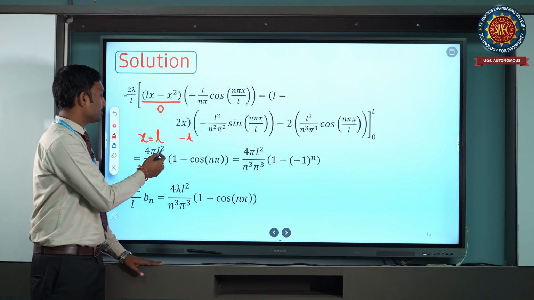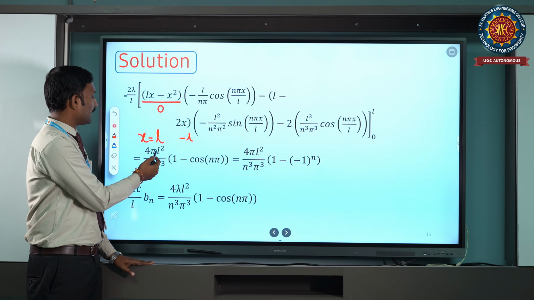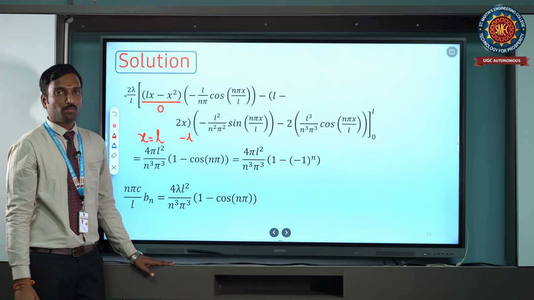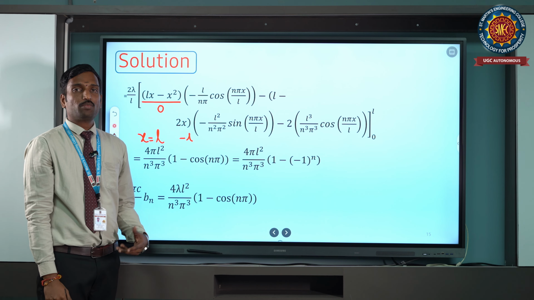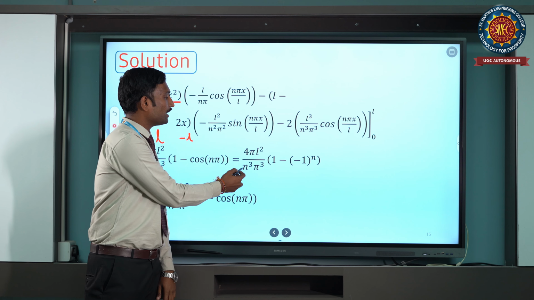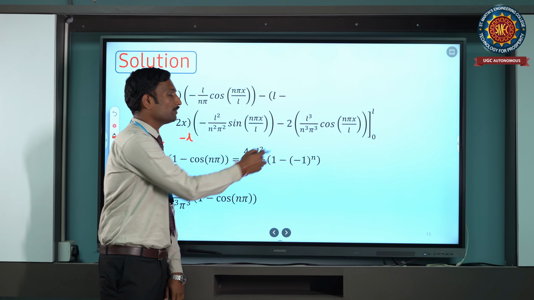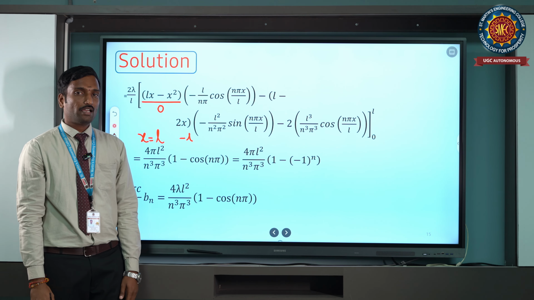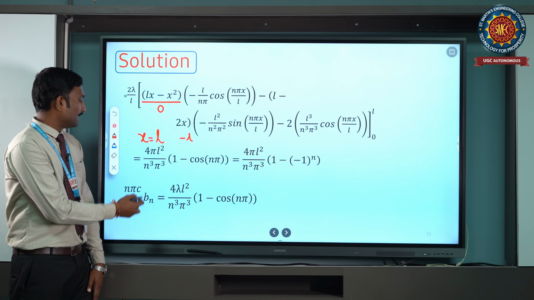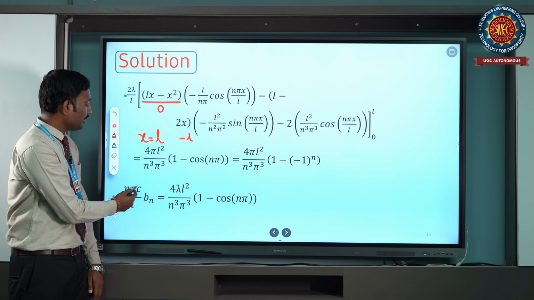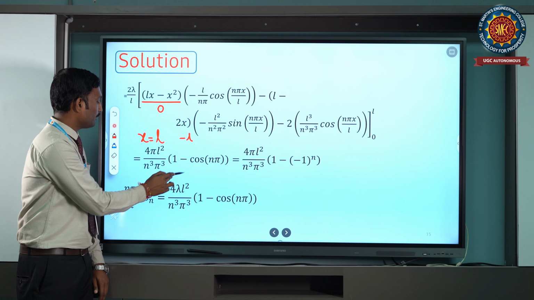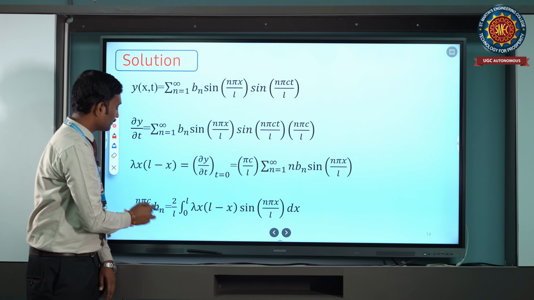The combined solution becomes 4λL²/(n³π³) times (1 minus cos nπ). This cos nπ we can write as (−1)ⁿ, so it is 4λL²/(n³π³) times (1 minus (−1)ⁿ). This is equated to nπc/L times bn, the constant of the Fourier series term we got from here.